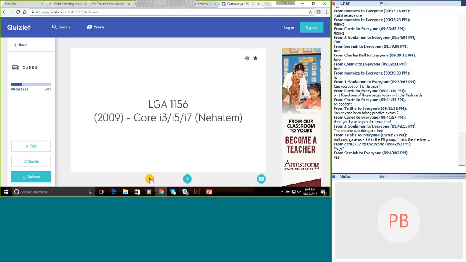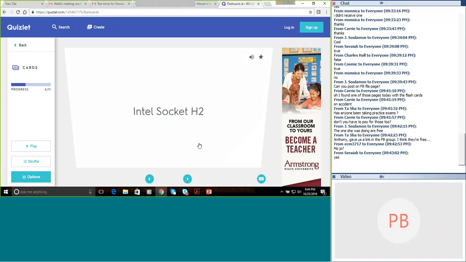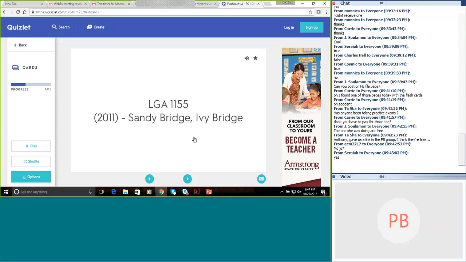So it's like the 1155 was the improvement on the 1156. It's crazy, but we need to be able to identify. If you see a question that asks about the H2, you know it's the 1155. And if you see a question that asks you about the H3, you know it's the 1150.